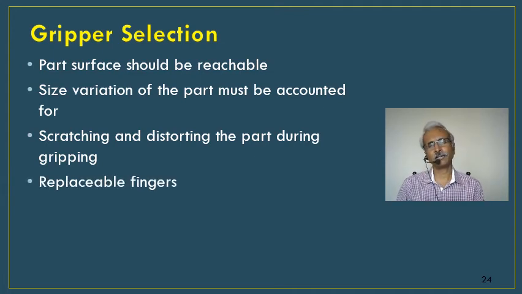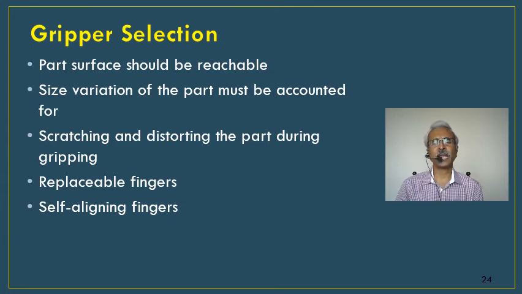Replaceable fingers, of course, this also I touched upon. When you're using a mechanical gripper, say for example, the fingers are the ones which will come into contact with the workpiece, which will undergo wear and tear. So you must be able to replace the finger and not the entire hand, which will reduce the maintenance cost. So it should have a replaceable finger. Self-aligning fingers.